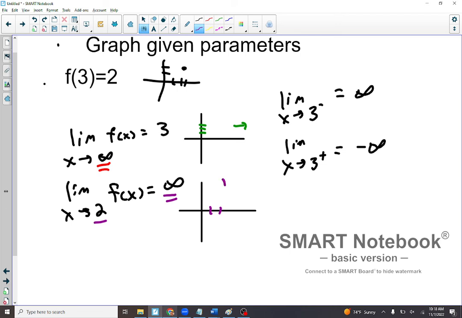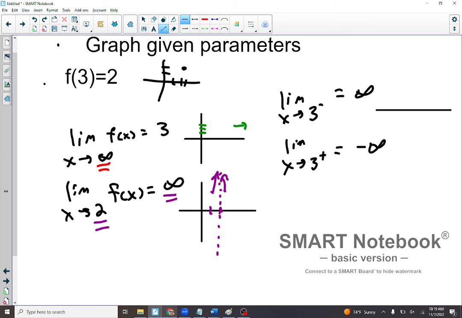So it looks like it will be an arrow going up this way. This also could indicate that there is a horizontal or a vertical asymptote here. Not only is it going up this way, since it's 2 overall, it must mean on the other side it's also infinity. Because if the positive and negative match, that means you have the overall limit. Vice versa, if you have the overall limit, that must mean the positive and negative match.